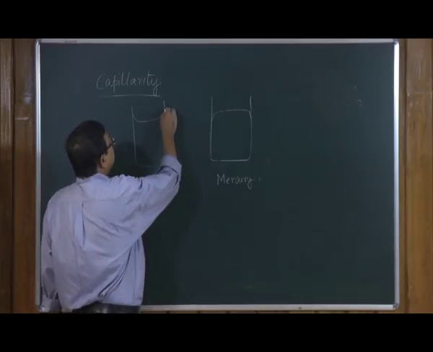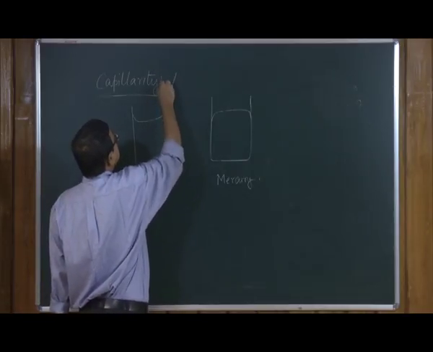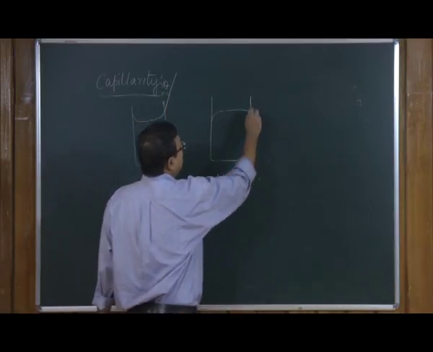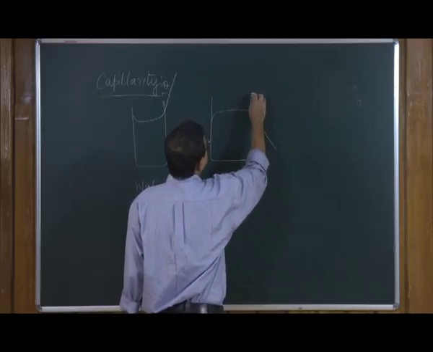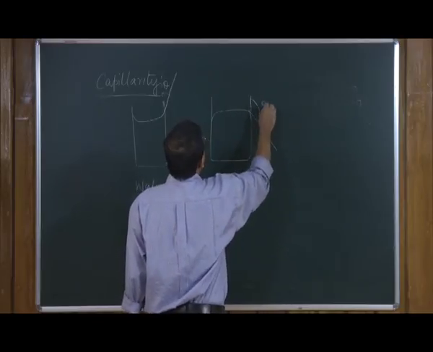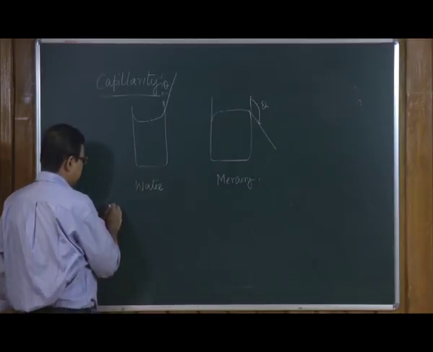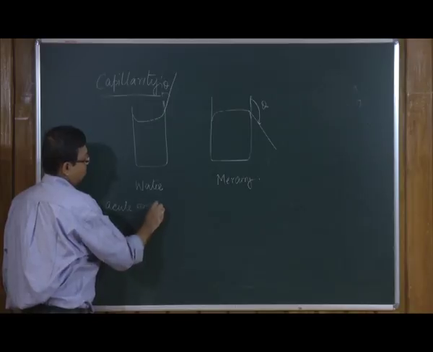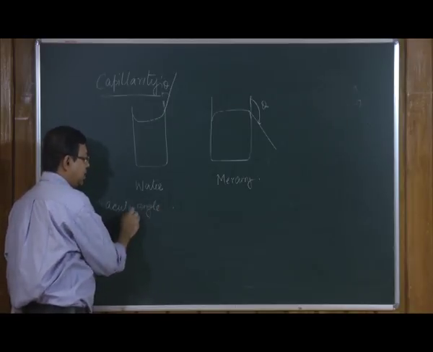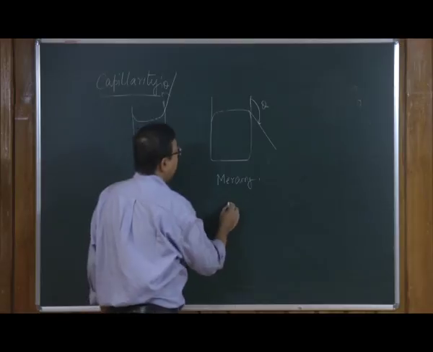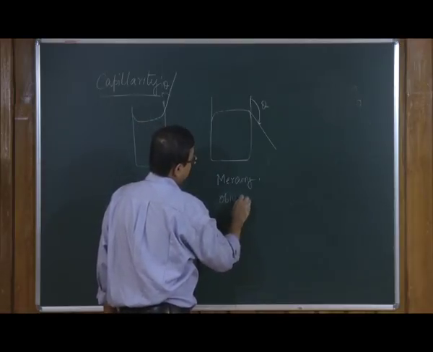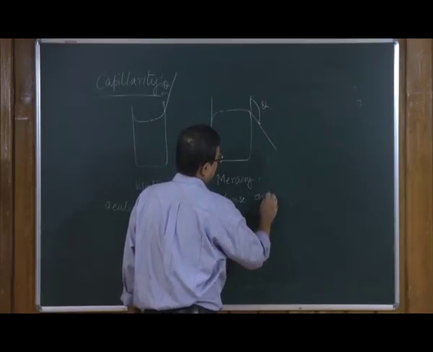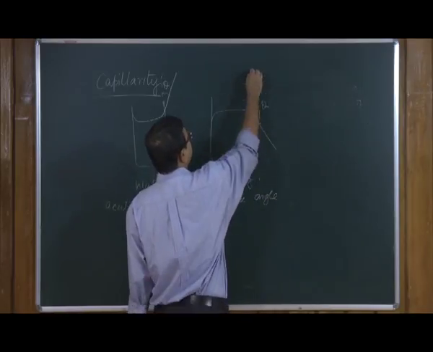And you can explain it by an angle, let us call it theta, and this angle is acute for water and the angle is obtuse for mercury, where it is measured from the vertical.